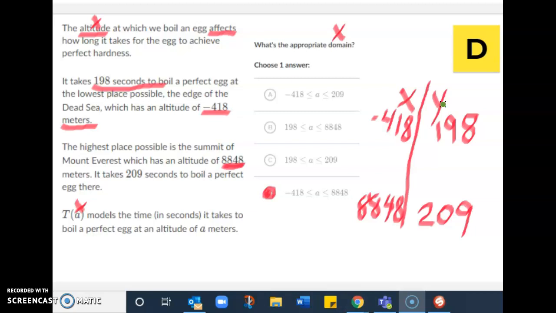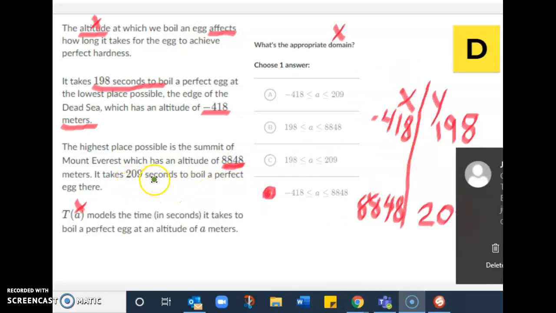How long it took. Then I read further down and it said the altitude of 8,848 meters takes 209 seconds to boil. So I took my 8,848 and put that under my X column for my altitude.